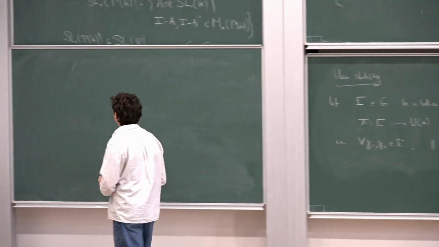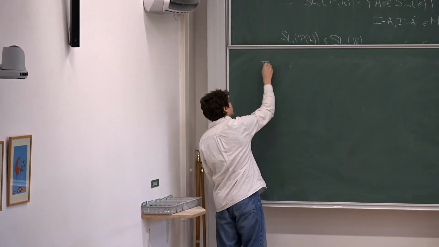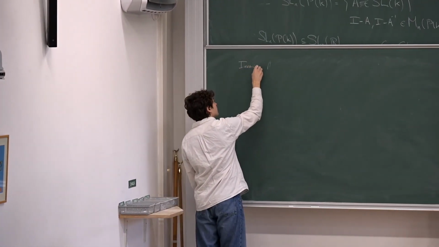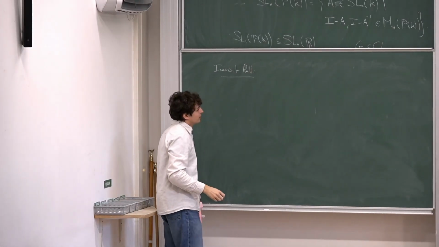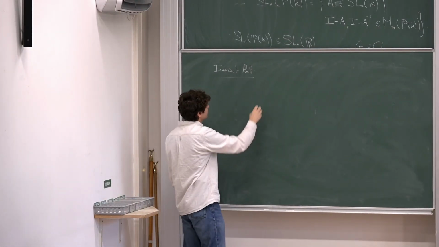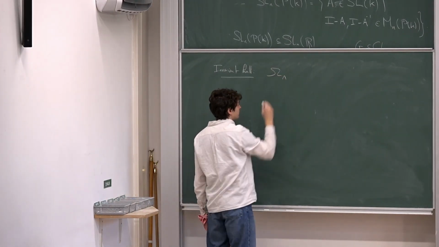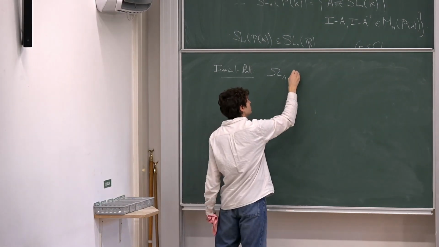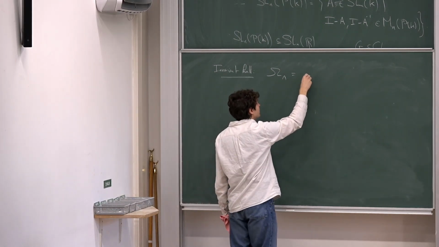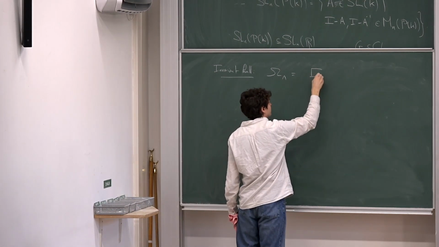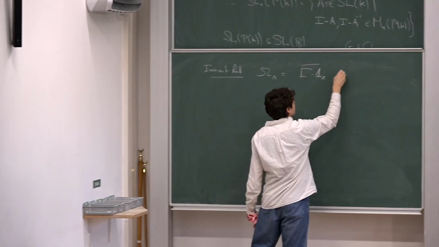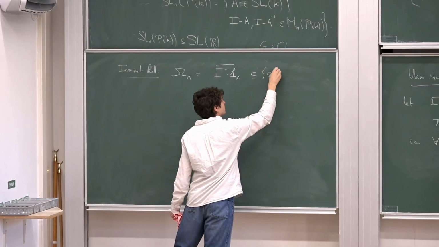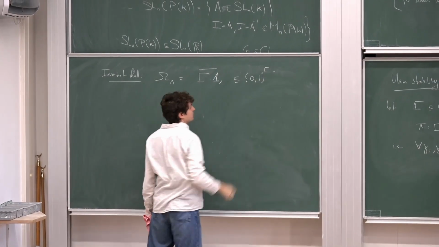Given lambda, what you want to define is the invariant hull of lambda, which is simply equal to the closure of the orbit of the indicator function of lambda in 0, 1 to the gamma.